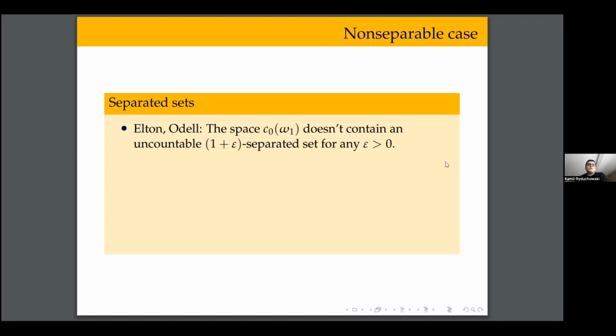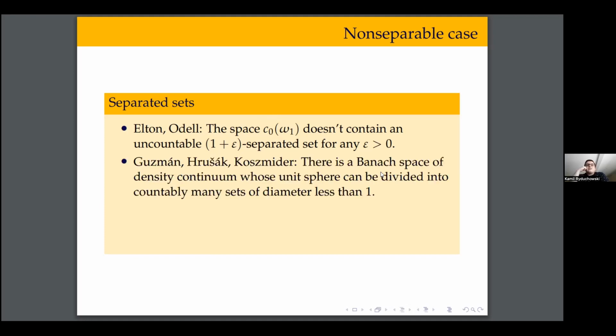From this point on, we consider those sets only in the unit sphere. So the result is that the unit sphere of the space c0(ω1) doesn't contain such a set. Also, there's a very recent result of Guzmán, Kruszek, and Koszmider that there is a Banach space of density continuum such that its unit sphere can be divided into countably many sets of diameter less than 1.